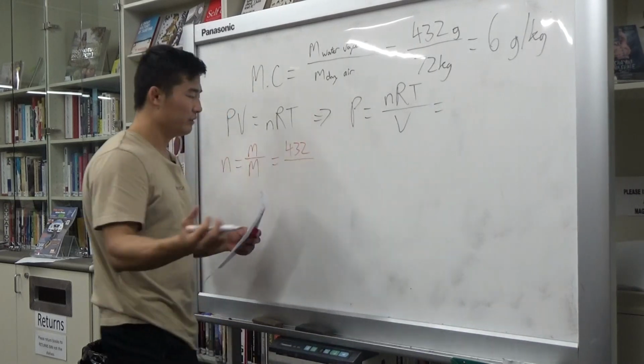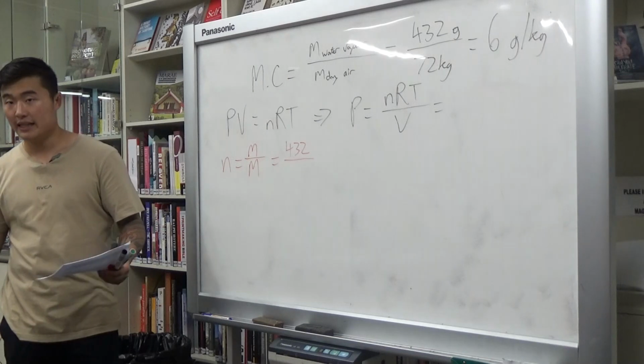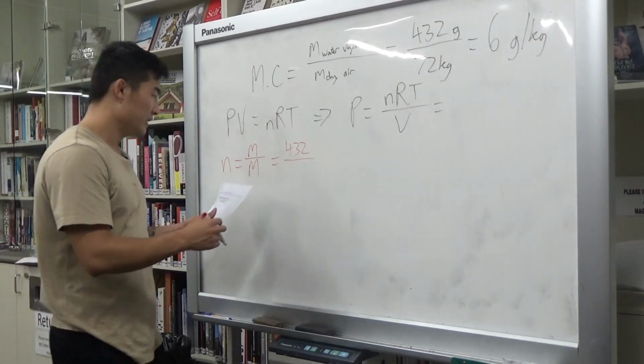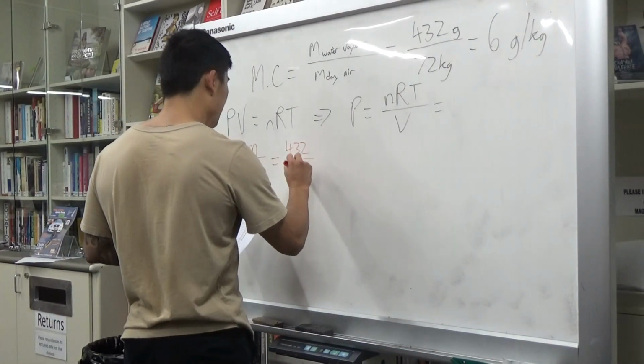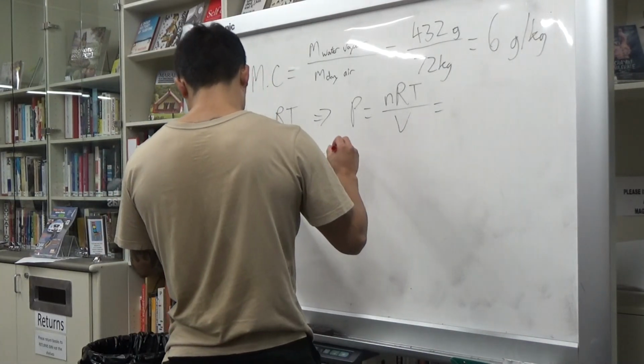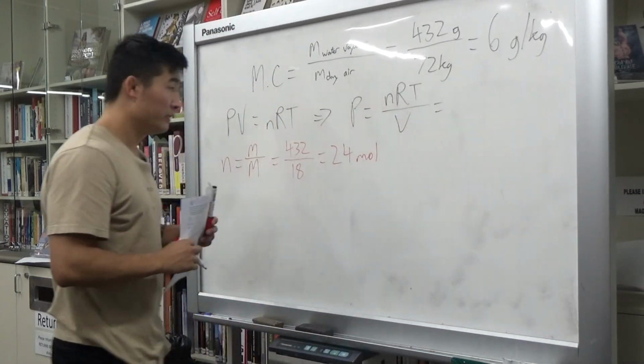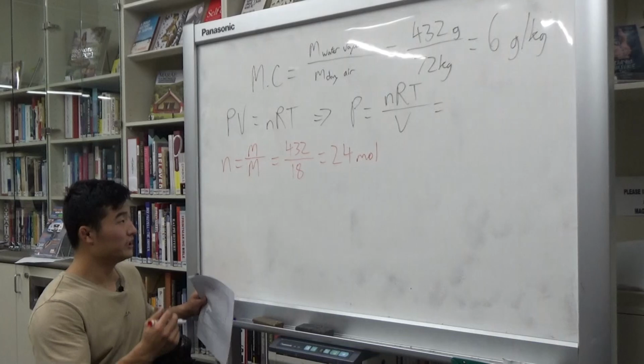Because we've got molar mass in grams, we're just going to leave it in grams for this one. Okay, so 432 over 18, and that's going to give you 24 moles. So we have 24 moles of water vapor.